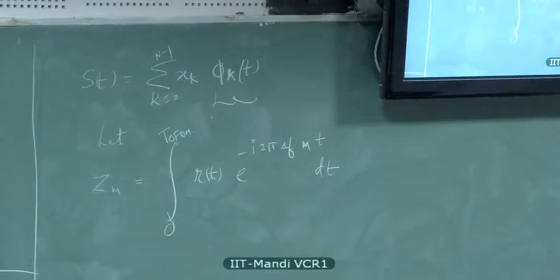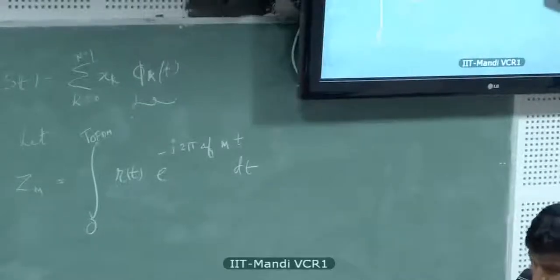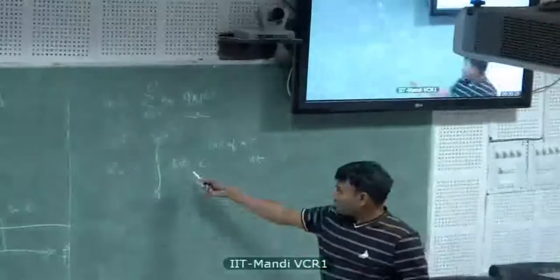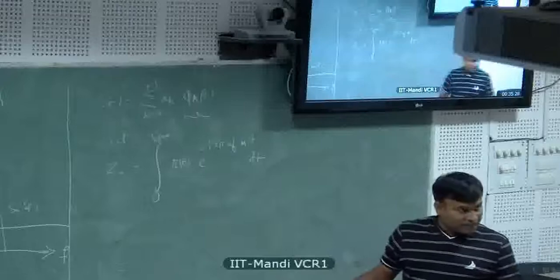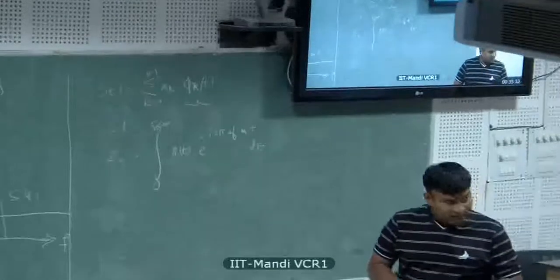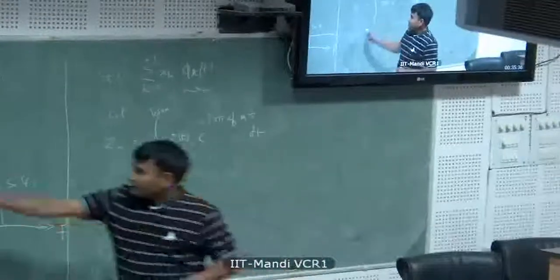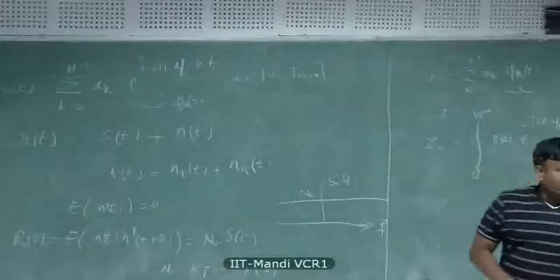Well, let's substitute what r of t is and then we'll go through the steps and see what happens. R of t is the signal S of t plus noise N of t.